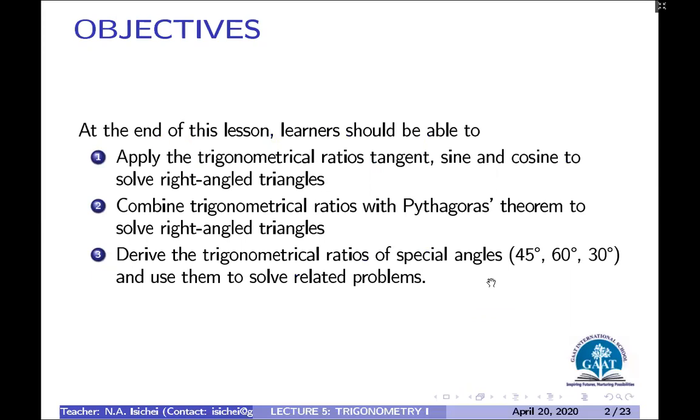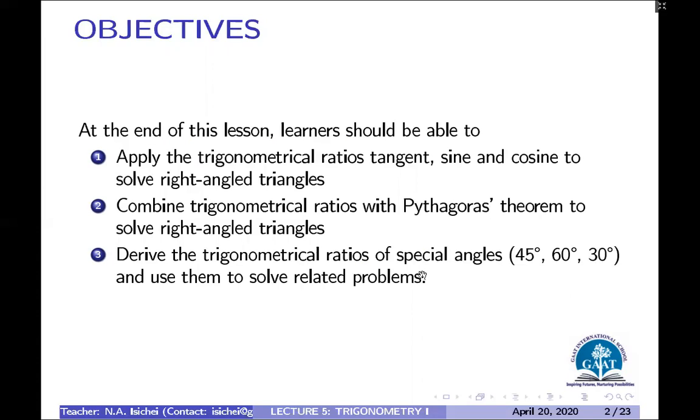The objectives of the lesson are given as follows. At the end of this lesson, you should be able to apply the trigonometrical ratios, that is tangent, sine, and cosine, to solve right-angled triangles. You should be able to combine trigonometrical ratios with Pythagoras Theorem to solve right-angled triangles.